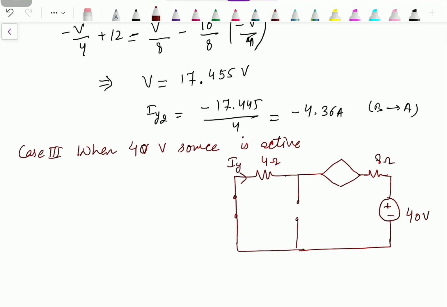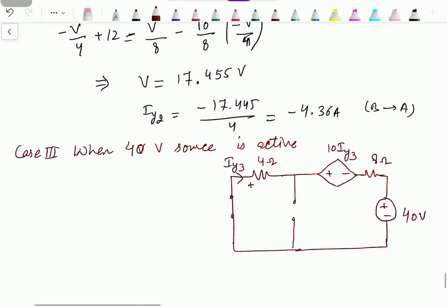This was the current IY, 10 times IY. Now this current is different from all other cases, so let's write it as IY3. So it's a simple one loop. Let's apply KVL. Starting from this 4 ohm resistance, we have the drop across this and the drop across this as well.